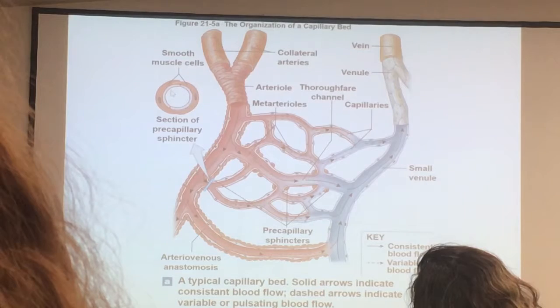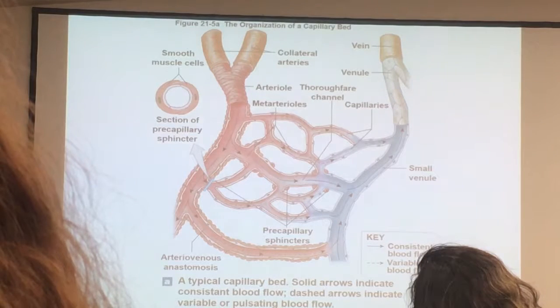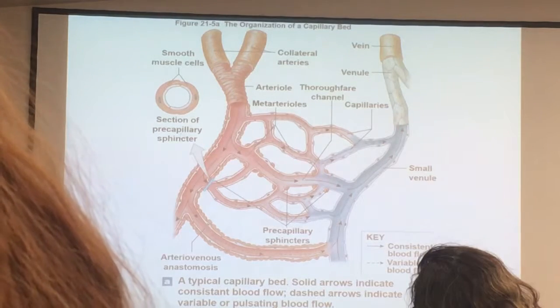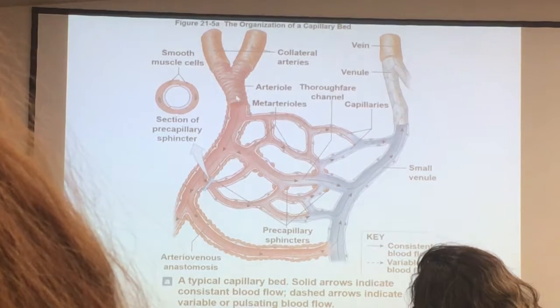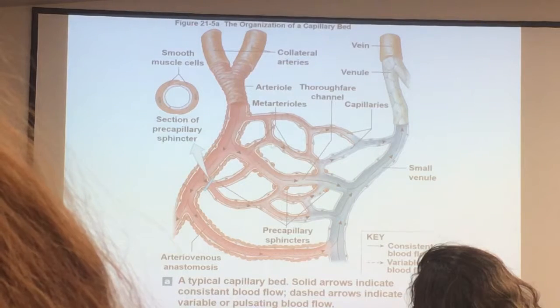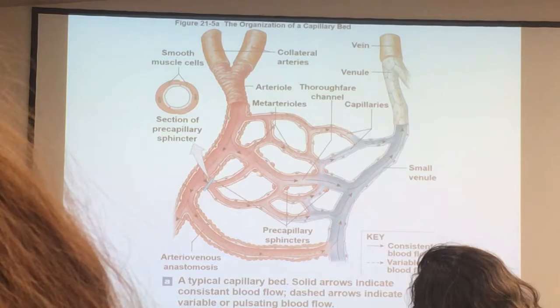If they contract these two smooth muscles, the diameter will reduce. This sphincter is located right here, and also sphincters are located between the network.